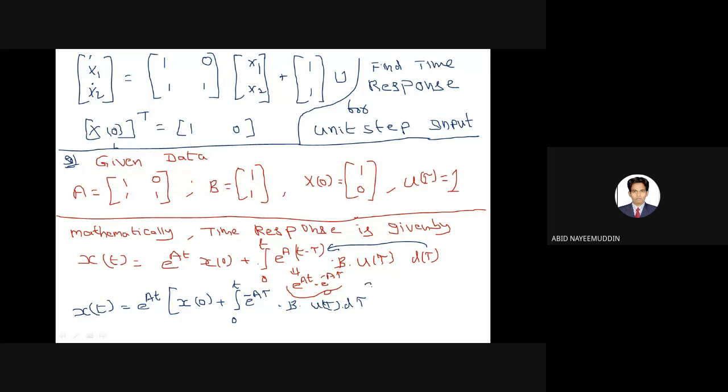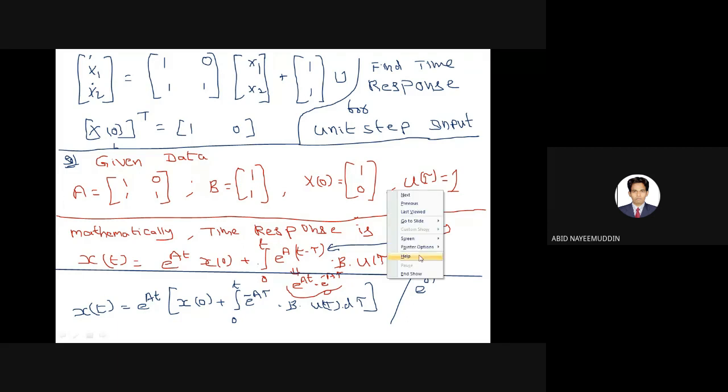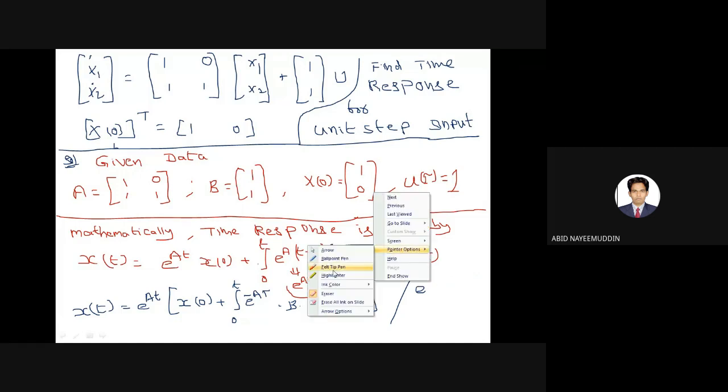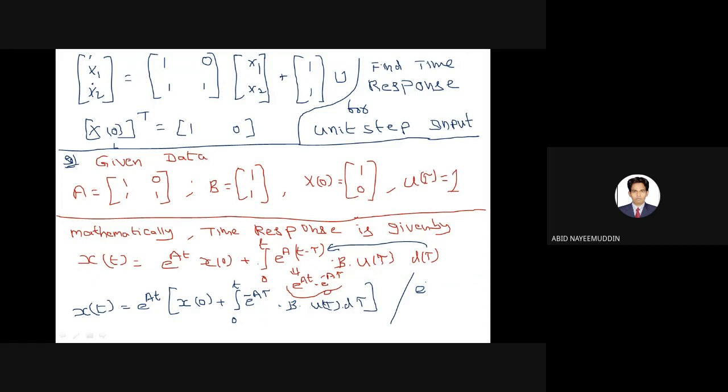And simply I can assume here, if you find e power at, then you can just replace t by minus tau, and you will get e power minus a tau.